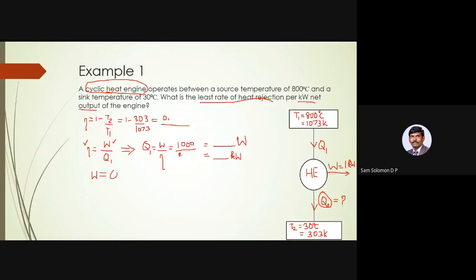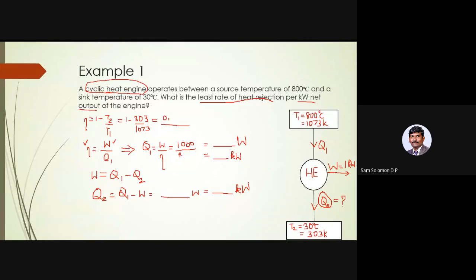They want us to find the value of Q2, so Q2 is equal to Q1 minus W. This will give you the value of your Q2. You can write it in watts and then convert it to kilowatts so that you don't make a mistake.